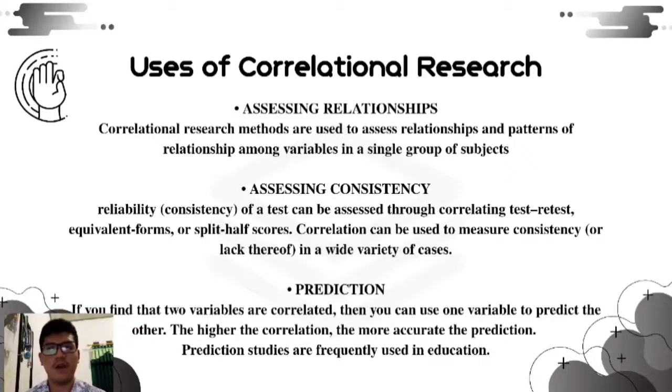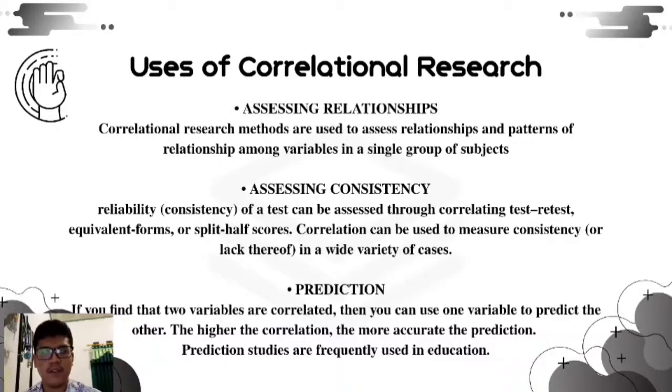First, let's talk about the uses of correlational research. There are three uses of correlational research. First is assessing relationship. Second is assessing consistency.